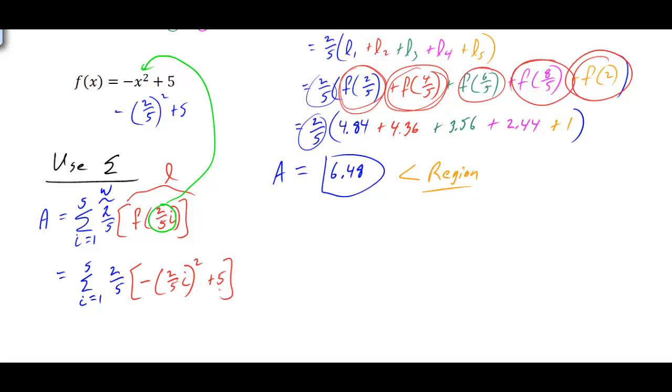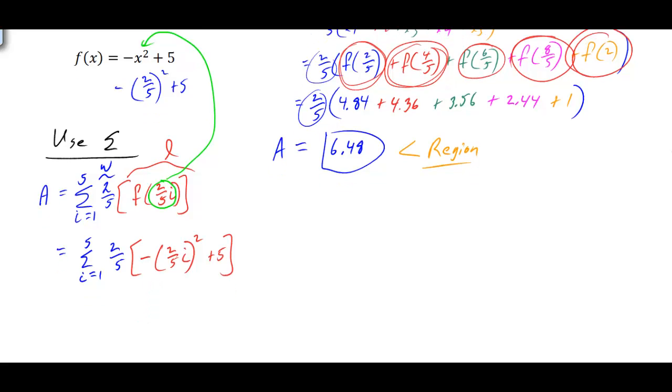Now, just like we did in the earlier sections, early on in the other videos, we can use your calculator to plug in this summation and evaluate it. Now keep in mind the 2/5 here is a constant.